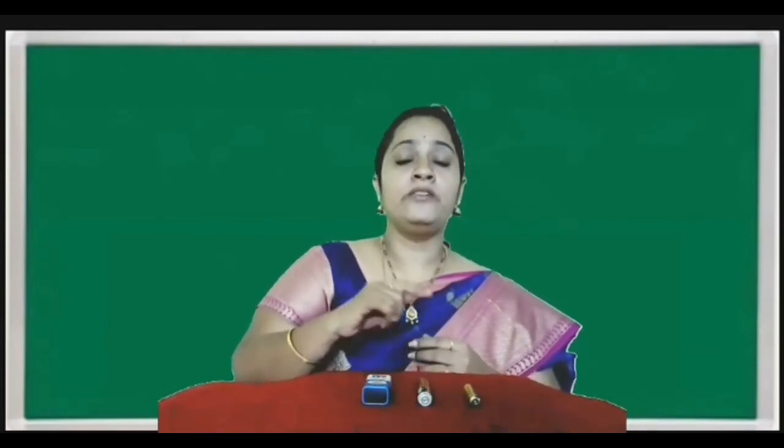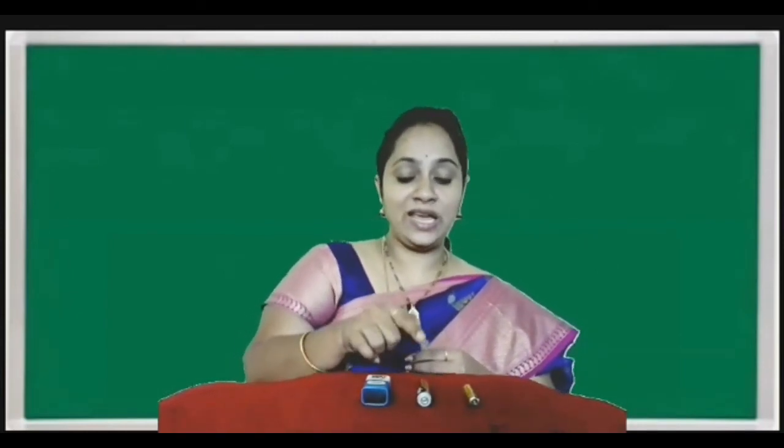Okay children? Children, here are three power batteries. How many batteries? Three batteries. In these three batteries, the first one is light in weight. So we can say it is light. Okay. Now the second one is a little bit light than the first one.